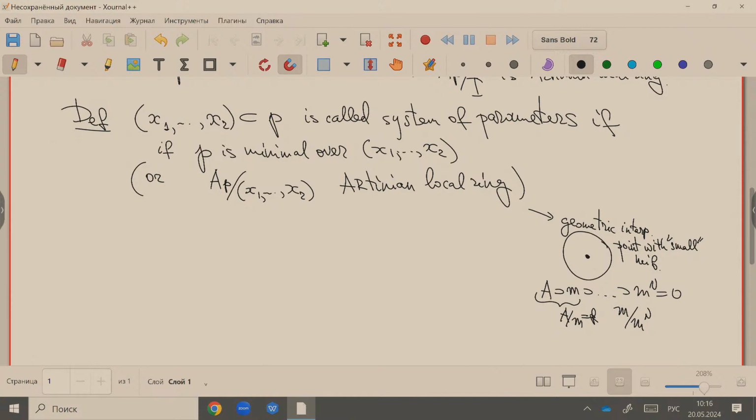In the easiest situation it is just the tangent space; in more complicated situations one should say that it is a jet of a function. Why is it called a jet?